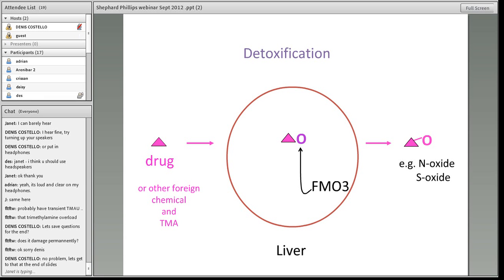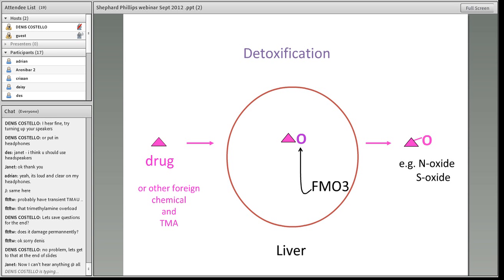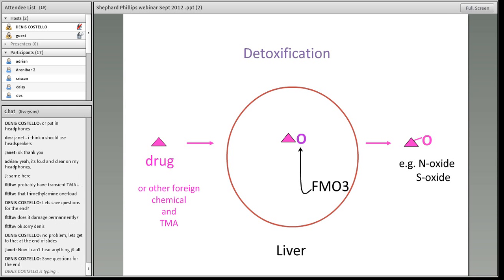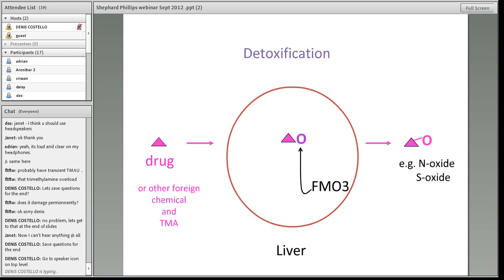So this is a brief pictorial example of detoxification. And what we have here, this round circle represents a liver cell, and the little pink triangle is here, in this case, a drug. Now, many drugs are what we call hydrophobic. They like sort of an oily environment, which means that they can pass into the membranes of our cell.